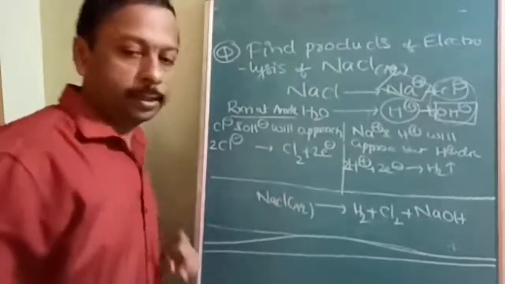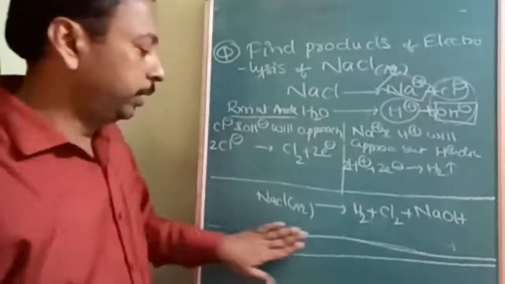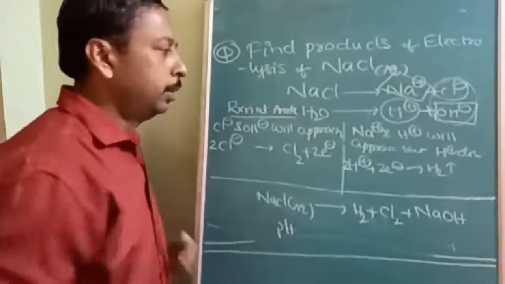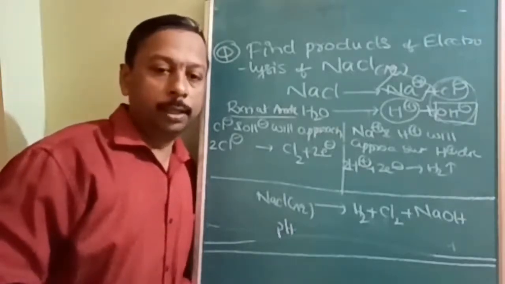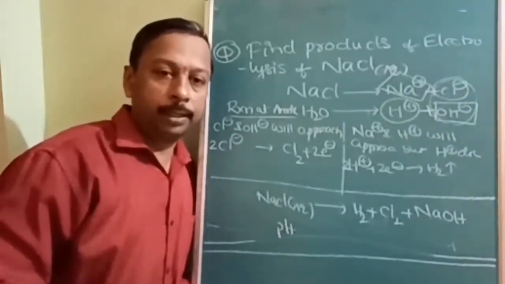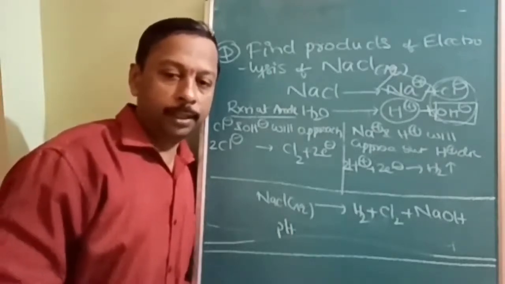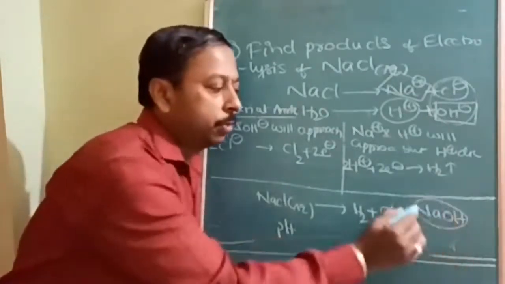Okay, NaCl electrolysis. For making a multi-concept question, they can ask about the pH during the electrolysis of aqueous NaCl. What happens to pH? pH will increase. Why? NaOH is produced.